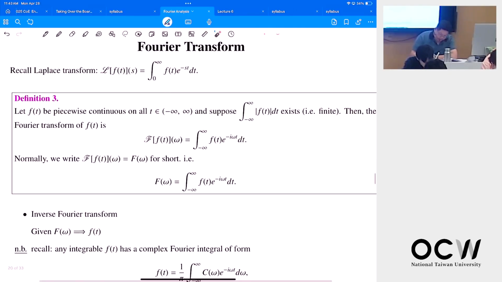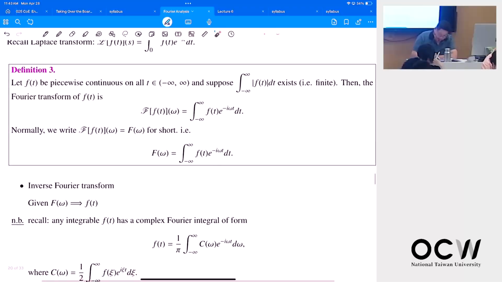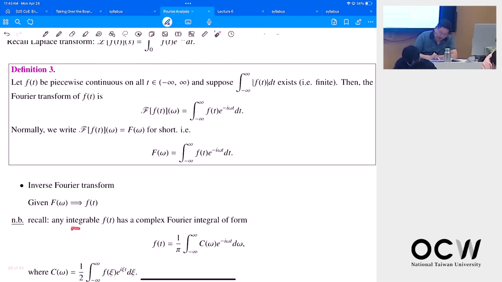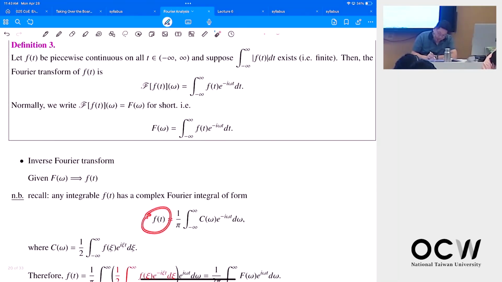Okay. So now, any f with finite integral has the complex Fourier integral. So we can express this function in the Fourier integral. And we have the coefficient. We know how to express the coefficient. So we know how to express the coefficients, then bring this back to our Fourier integral.